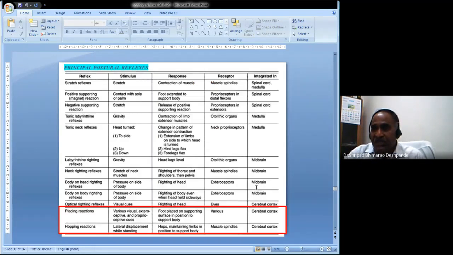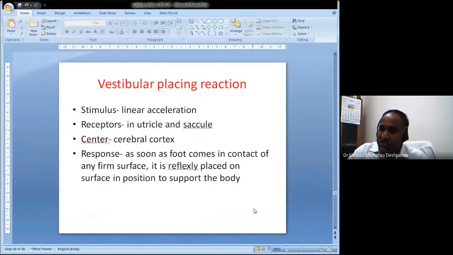If you go back here, you can just see the placing reactions: visual, exteroceptive or vestibular, and also sometimes we can also use the proprioceptive inputs, and they will place the foot on the surface and position oneself. And these are three different receptors you can just see, and the integration center is the cerebral cortex. Then next comes the hopping.